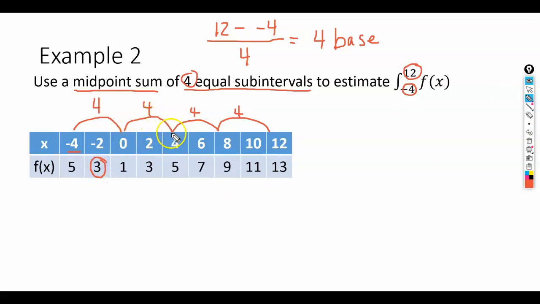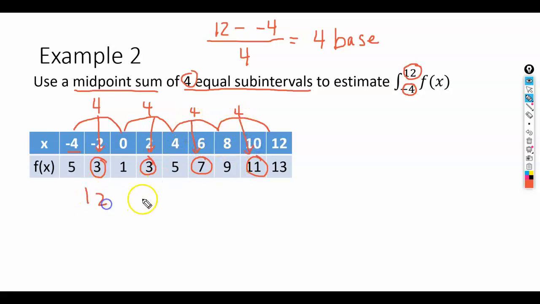For the next rectangle, that height will also be 3. That's in the center of this rectangle. The next one will be 7, and the last one will be 11. And we just, once again, base times height.